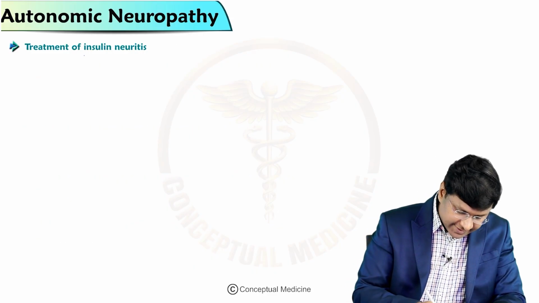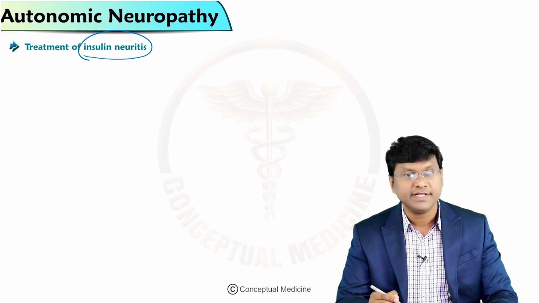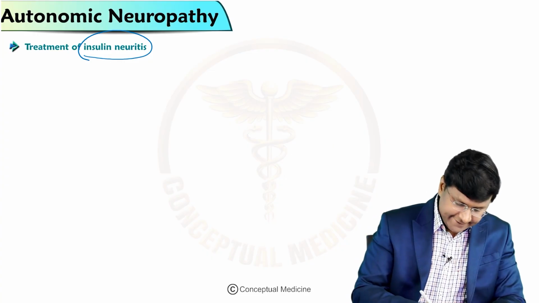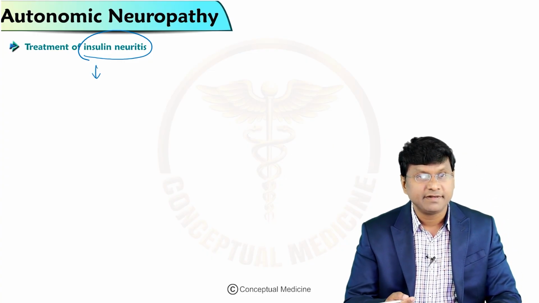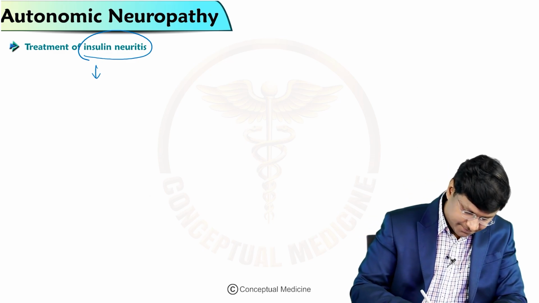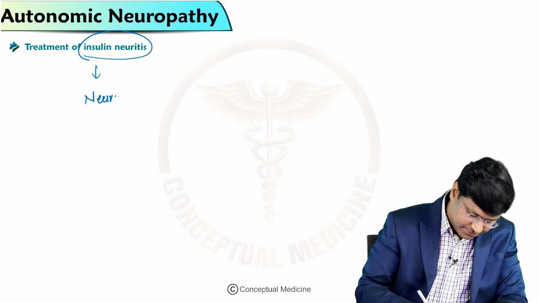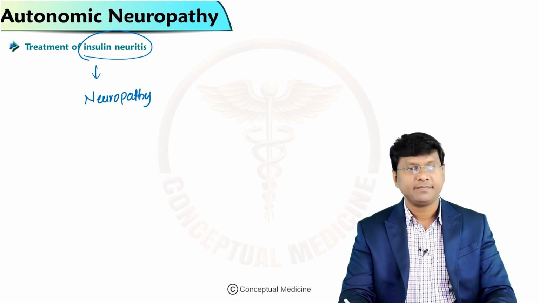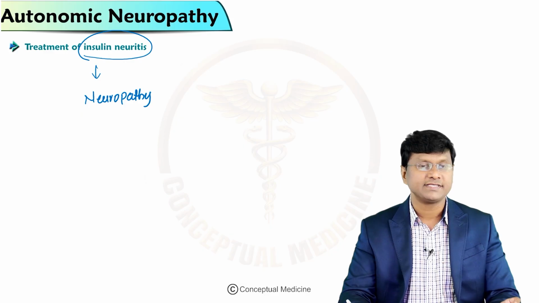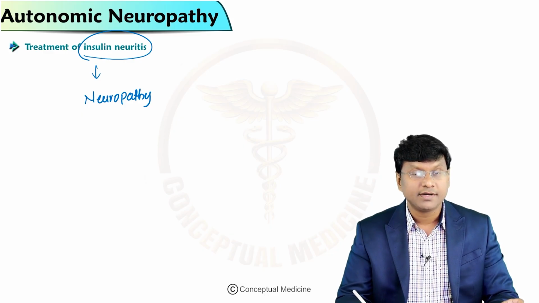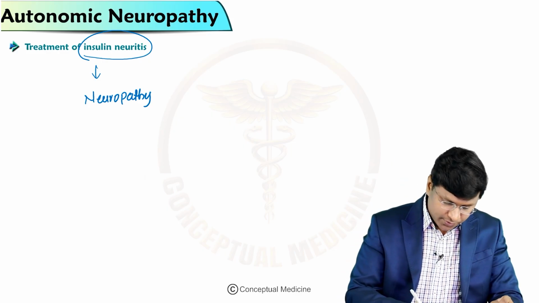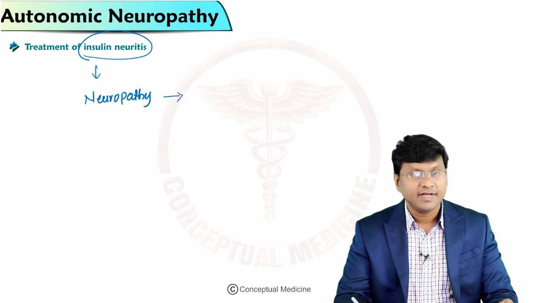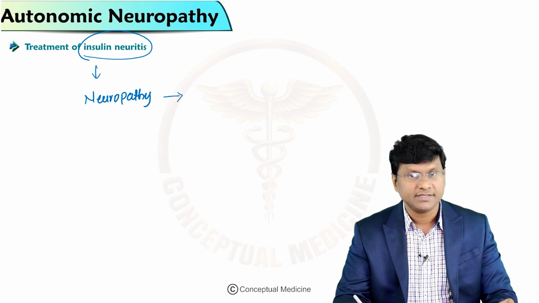Now, followed by that, treatment of insulin neuritis. On prolonged administration of insulin, there can be development of neuropathy. This we call insulin neuritis or treatment induced neuropathy of diabetes.